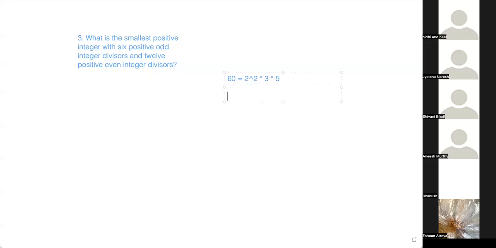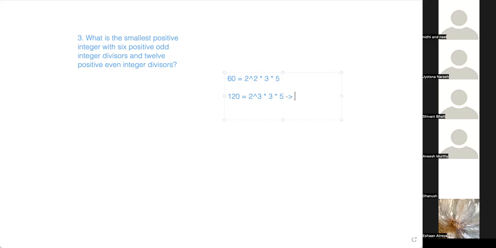For 120, it would be 5 times 3 times 2 to the third, which would be 12 divisors.